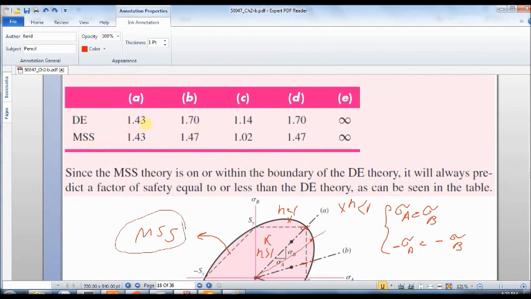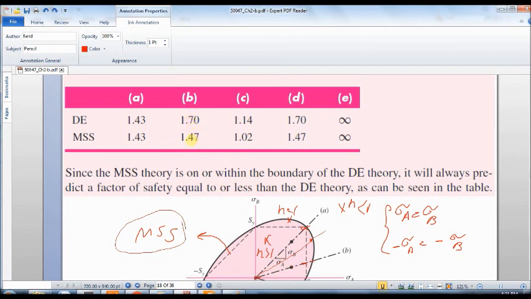So normally, except this specific state of stress in which sigma A and sigma B are equal, in other conditions, for example in these three states of stress, the safety factor of distortion energy theory is always greater than the safety factor of maximum shear stress theory.